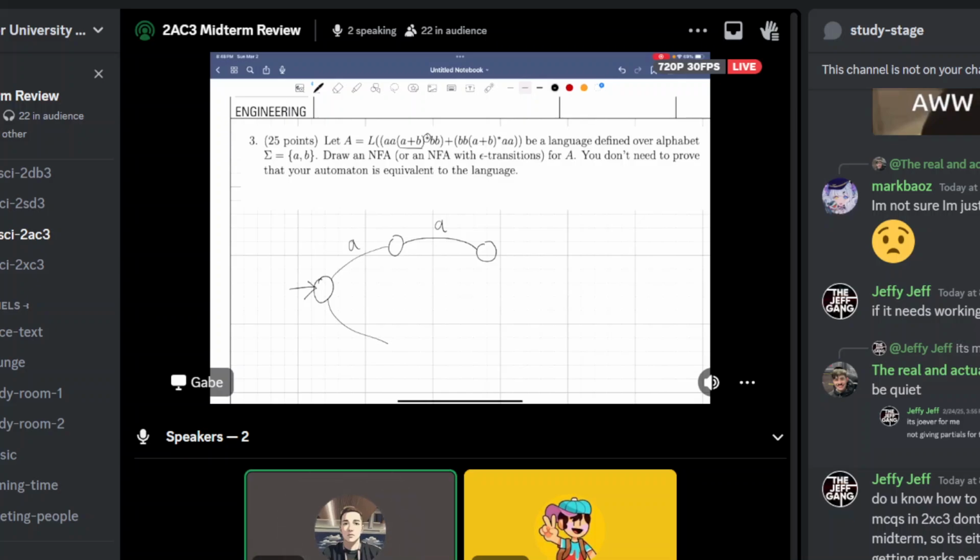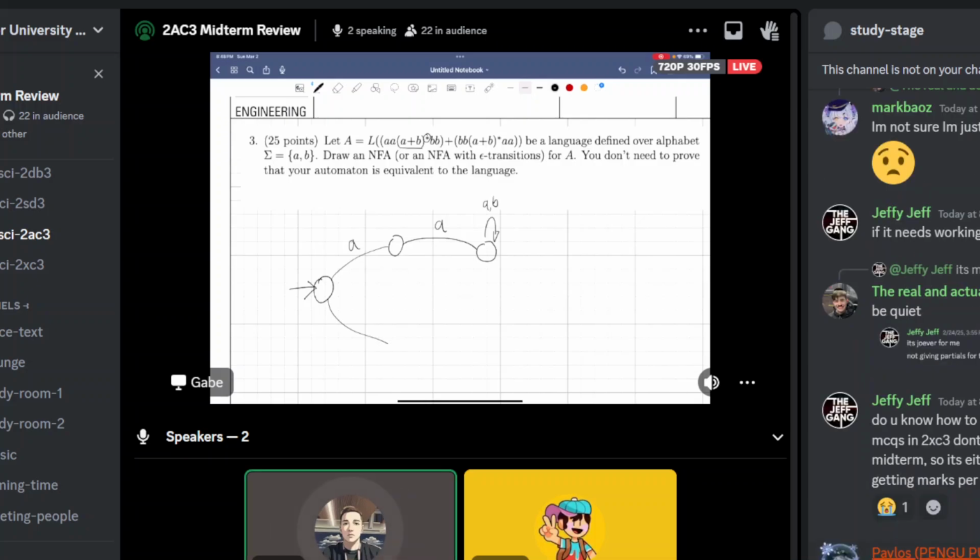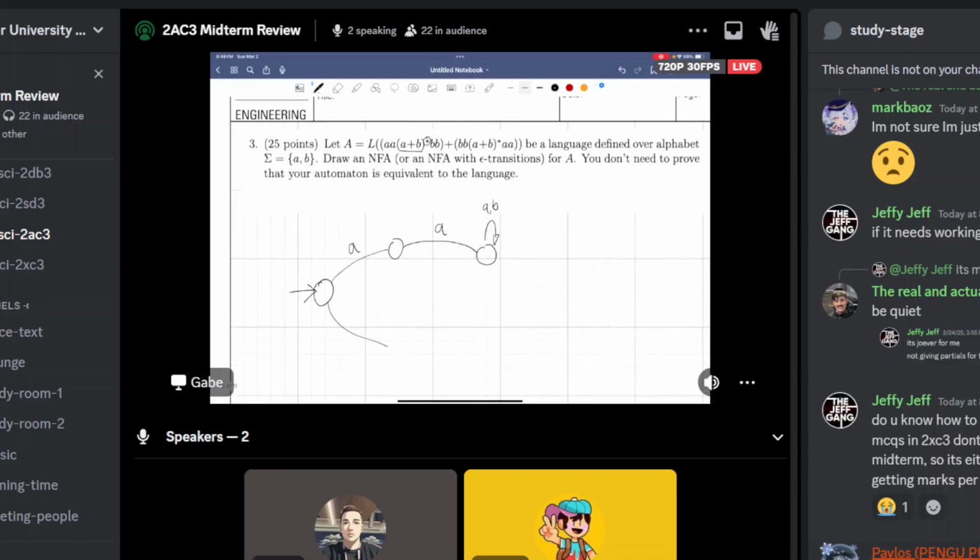The best way to do that is just to do a self loop, because the (A plus B) star can be nothing. It can be A, B, A, B, whatever you get, it's still part of the string. You're not disqualifying yourself. But the easiest way to represent it is just a self loop. Usually a star represents a loop. And then you finish off by taking another B and another B, and that marks it as a final state.